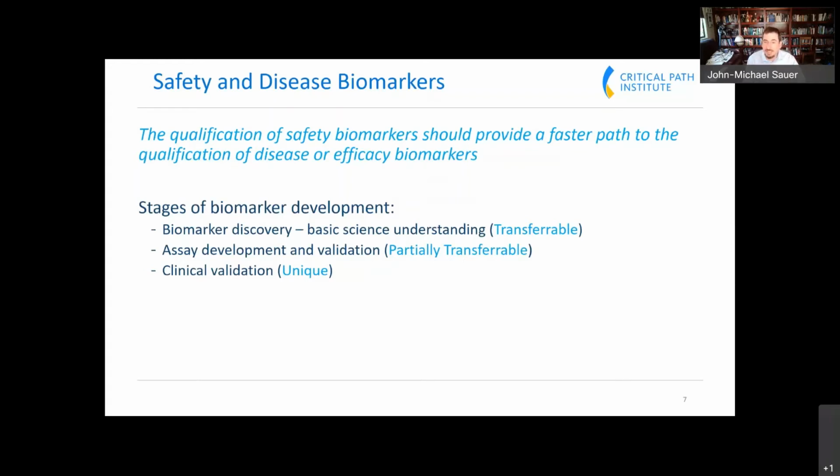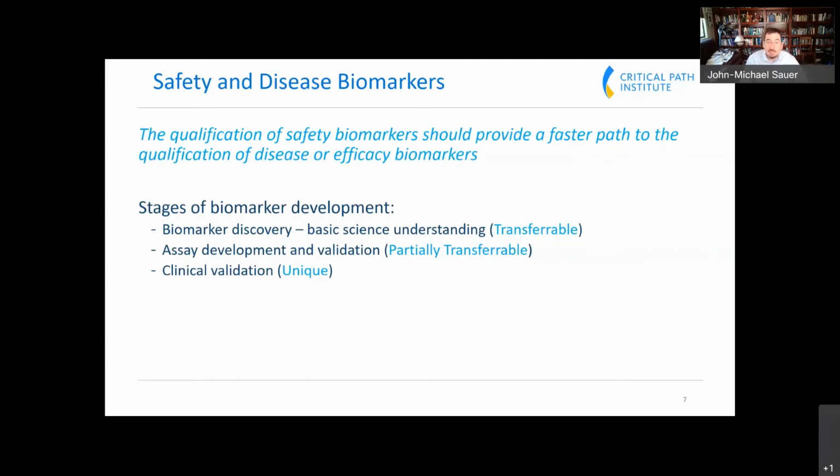All that data is transferable no matter how that biomarker is being used in disease or in safety. Likewise, how we measure the biomarker, the assay, the measurement technique, likewise for fluid as well as imaging biomarkers, is probably transferable, at least in part.